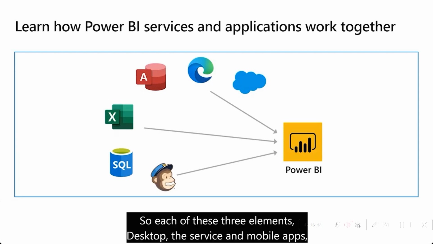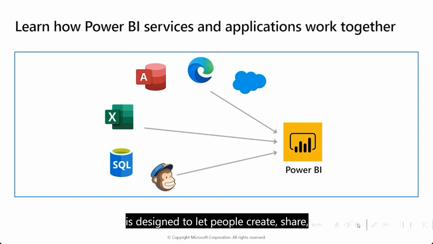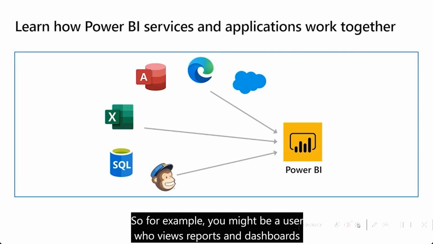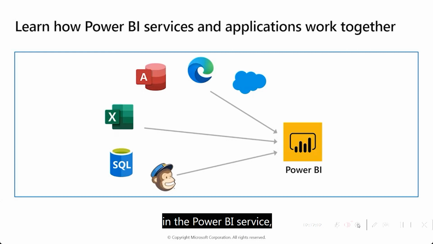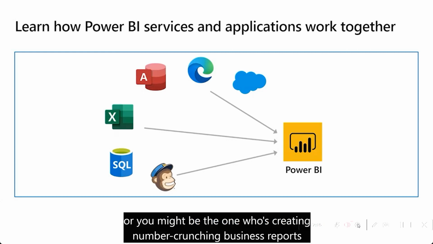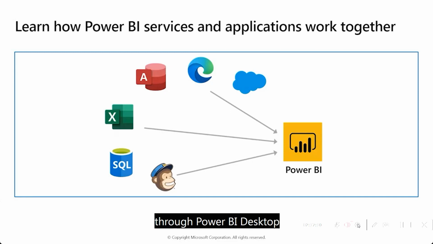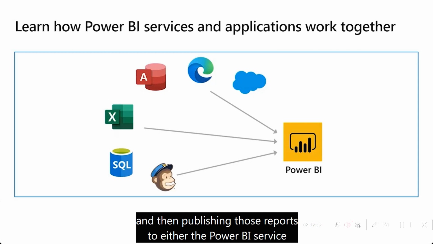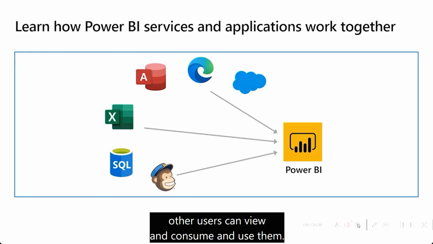So each of these three elements, desktop, service, and mobile apps, are designed to let people create, share, and consume business insights in a way that serves them the best. For example, you might be a user who views reports and dashboards in Power BI service, or you might be the one creating those number crunching business reports through Power BI desktop, and then publishing those reports to either Power BI service or the Power BI mobile app so that other users can view and use them.